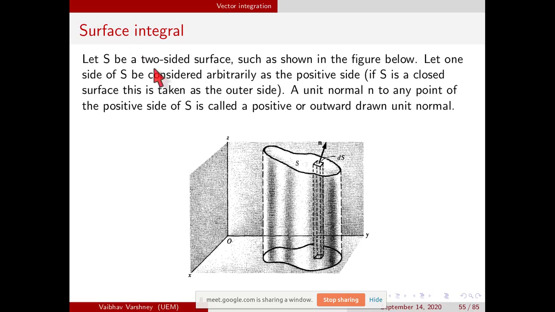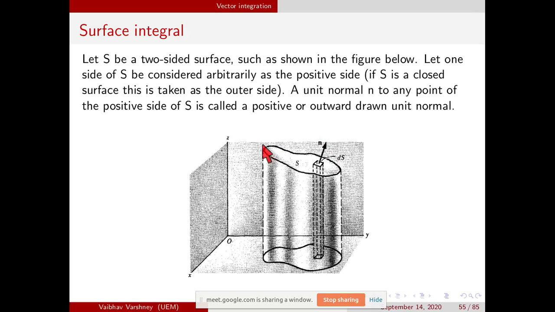So consider S a two-sided surface, this kind of surface, and one side of the surface we can take as positive. It can be any side, but usually we take the direction of the upward normal as the positive direction if it's a closed surface. If we take the normal to this surface, this n cap, then this direction we call the positive direction.